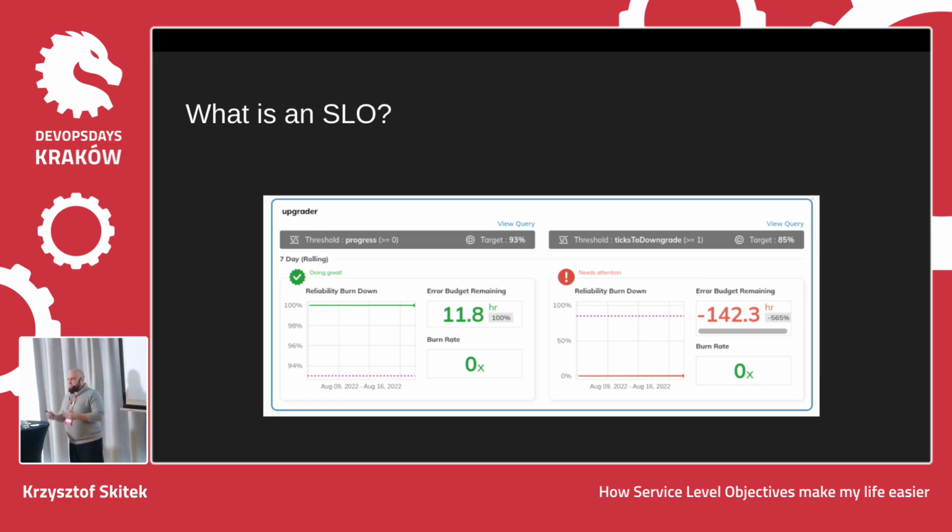And is it okay? Is it too high? Hopefully I will show you that in case of this service, it is just the right amount. We'll come back to the upgrader in a few slides.